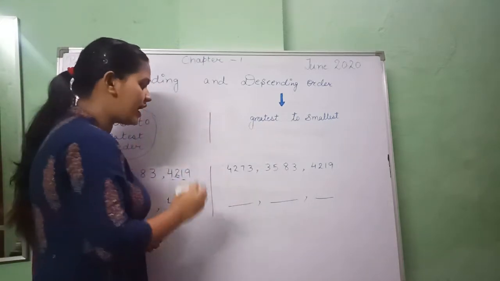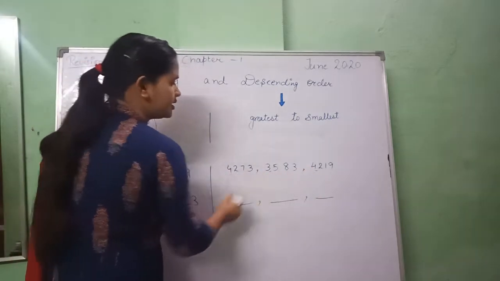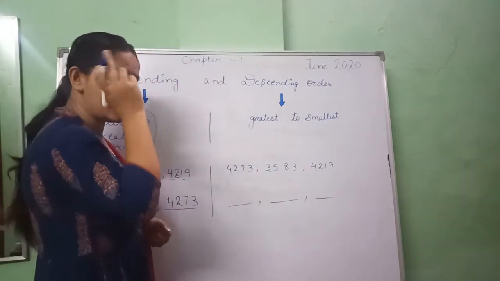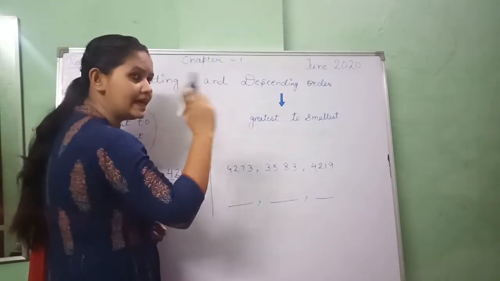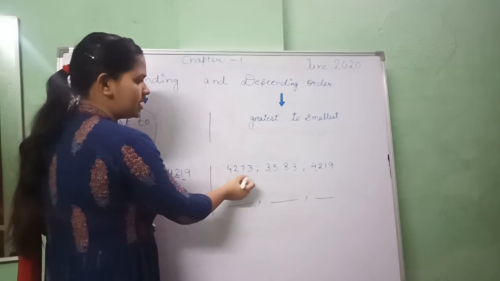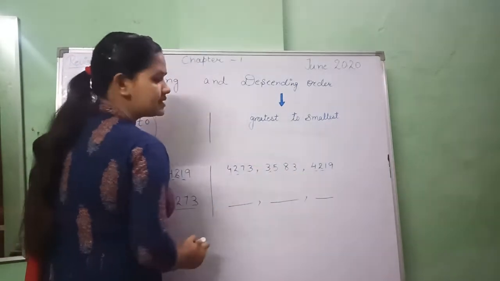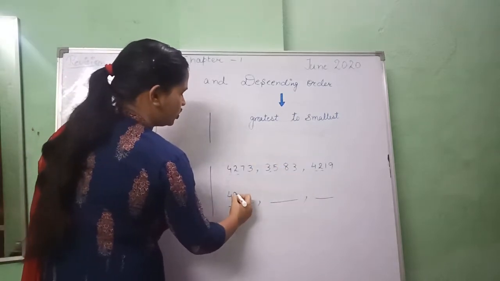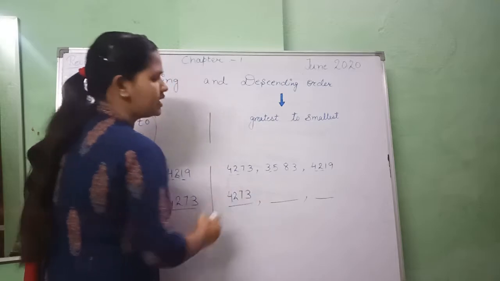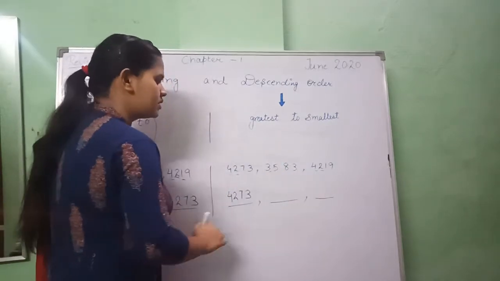As I said, we have to compare first. You can see here 4 is here, 4 is here, 3 is here. So we have to remember that we are doing descending. So we will take the greatest one. You can see here 4 and 4, 2 is same, and 7 is greater than 1. We will take 4273, the greatest number between these three numbers, right?